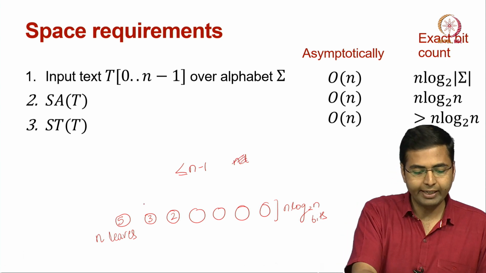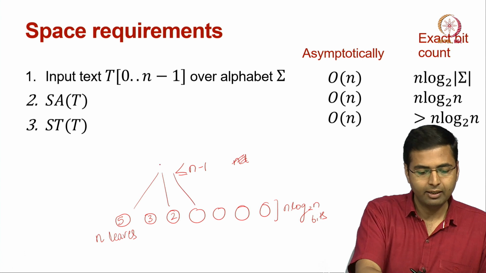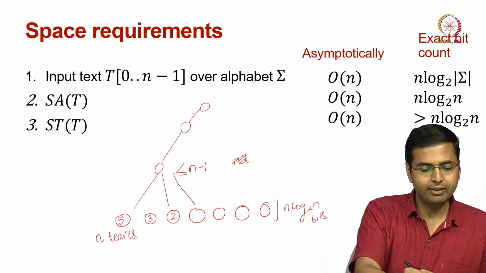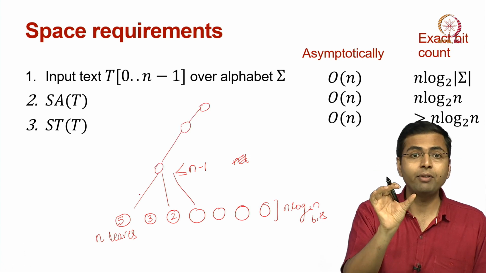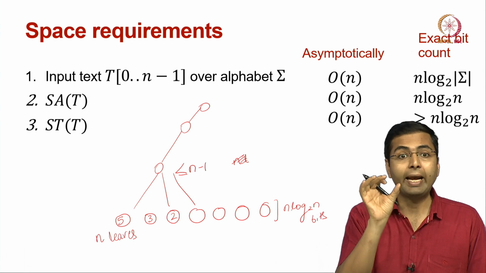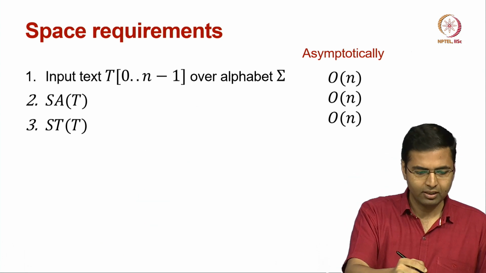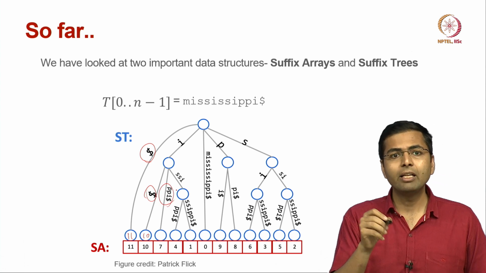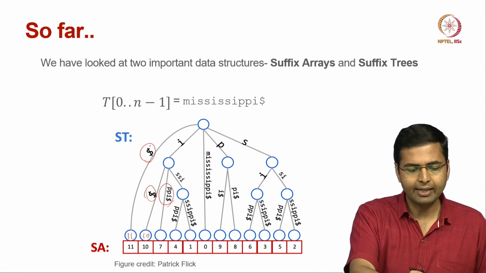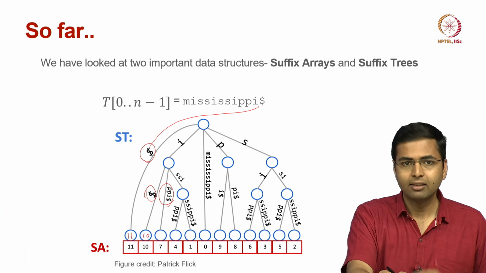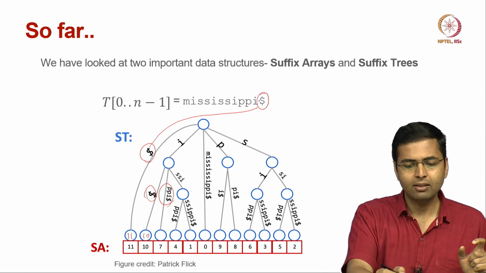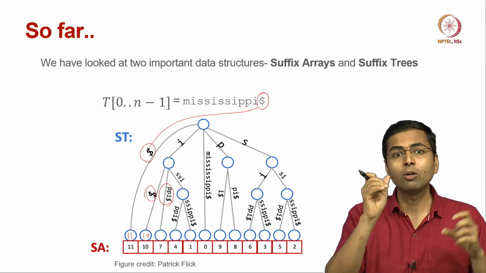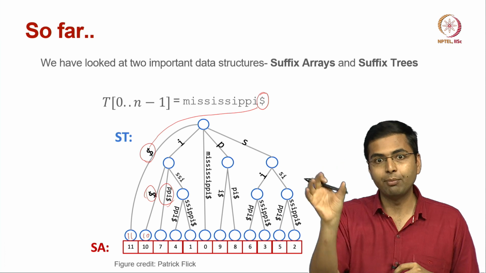Similarly, you have edges in the suffix tree, and on those edges we also have to store the information for the edge labels, because we keep these string labels in the form of pointers. We discussed that instead of storing the exact label, all I need is a pointer in the text which tells me what substring corresponds to that label.